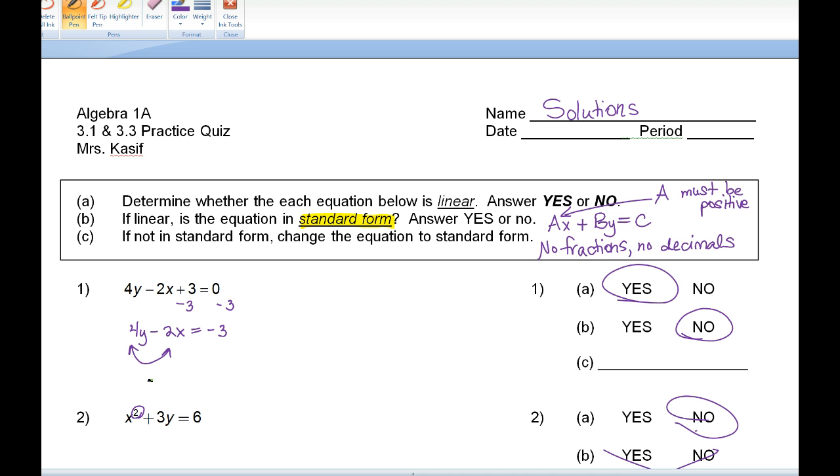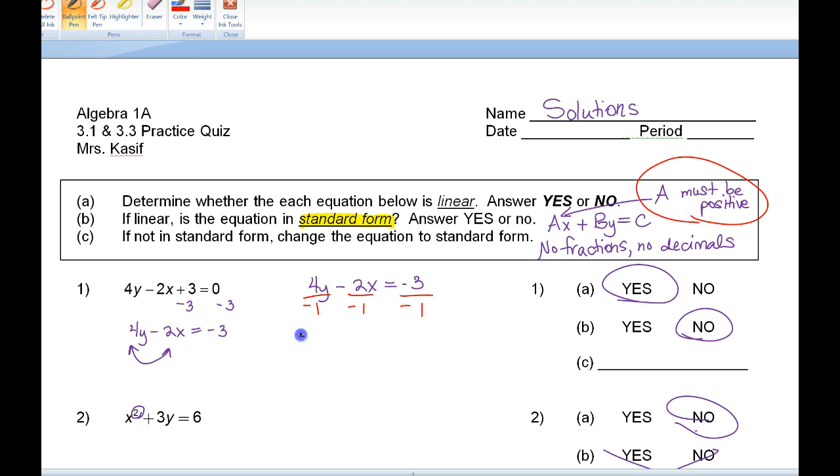So you want to divide by negative 1 first. You can multiply everything by negative 1 or divide everything by negative 1. It doesn't matter. So let's just say we'll divide everything by negative 1, because remember, we need to make the minus 2x into a positive 2x. See where I wrote here? A must be positive. That first one.